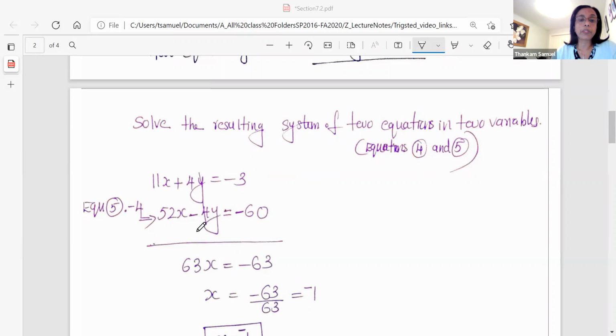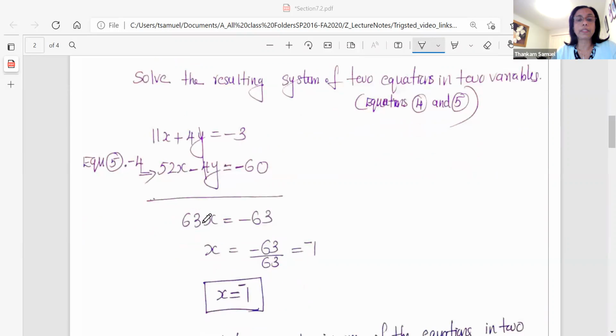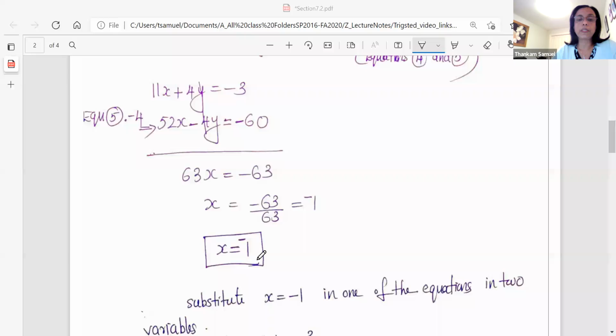So 11x plus 52x equals 63x. Then -3 plus -60 equals -63. So to solve for x, divide both sides by 63. So the value of x is -1. So we got the value of one of the variables, x equals -1.